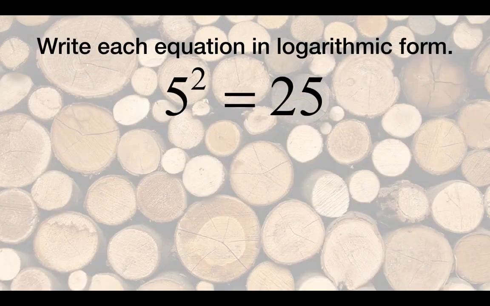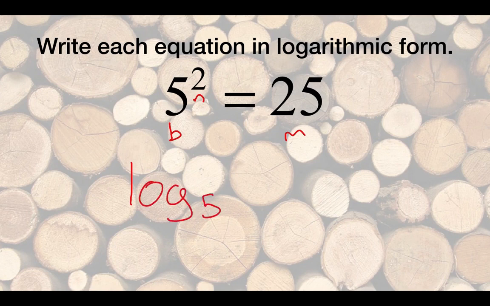So now let's try it with 5 squared. So this becomes log base 5, in this case our b value is 5, of 25 equals 2. So 5 becomes 25 when you square it.